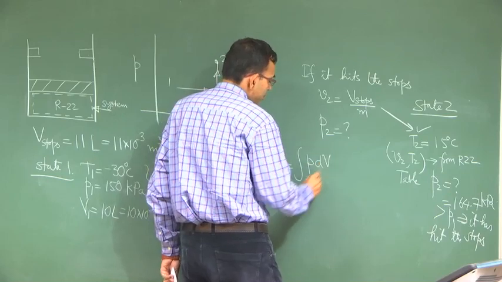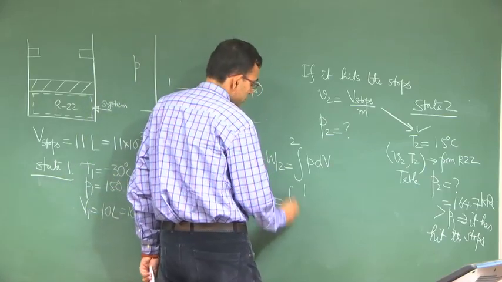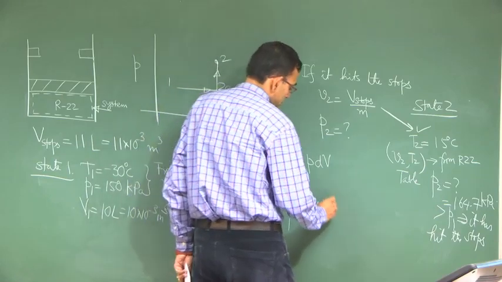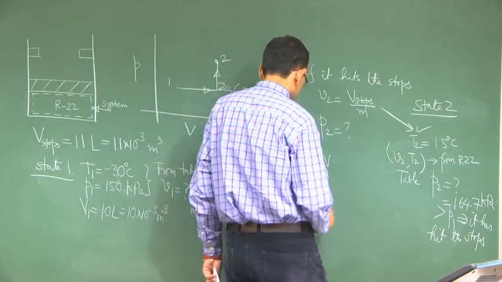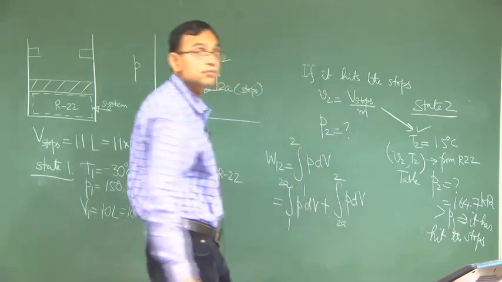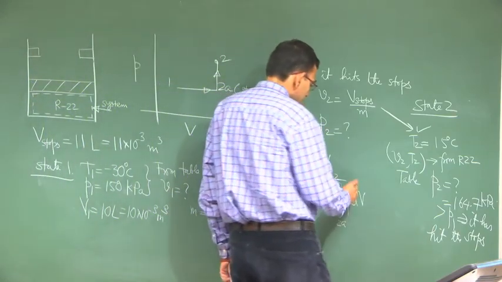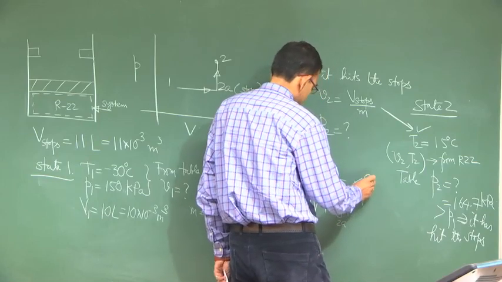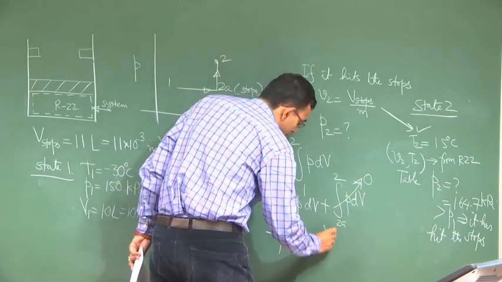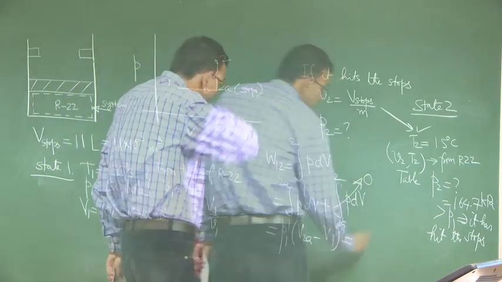Just like the previous problem, this part is 0 and this is P1 into V2A minus V1, and V2A is the same as V2.